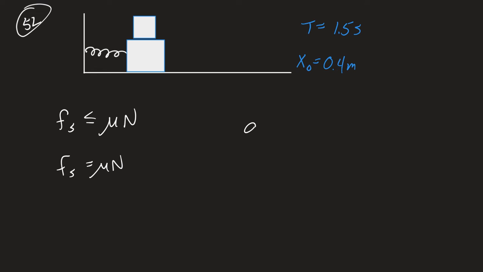So my maximum acceleration is x naught times omega squared. If the only force acting on the top box is friction, then friction has to equal m times a max at that instant. We good so far? Everybody follow why I have that there? Yes, sir.